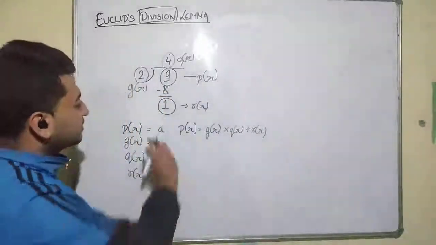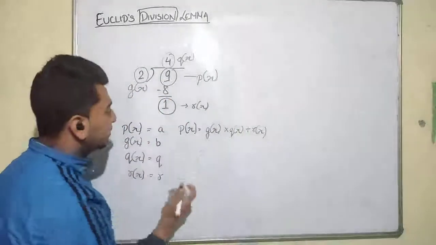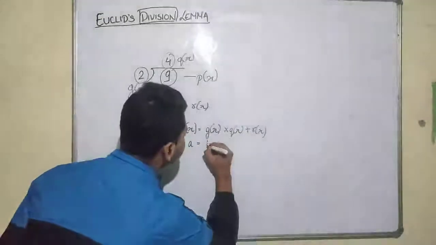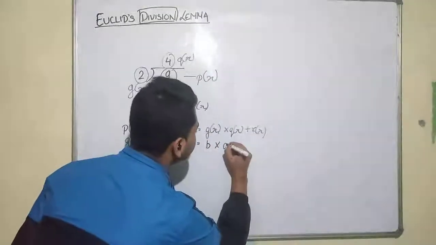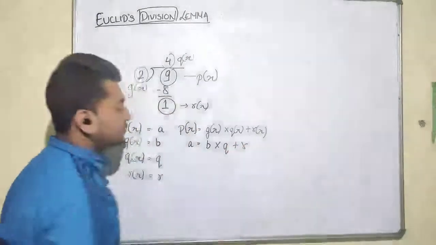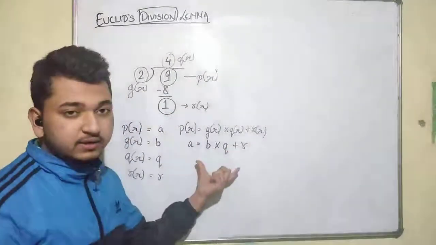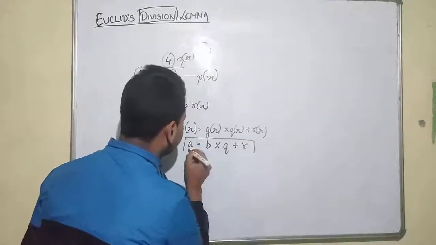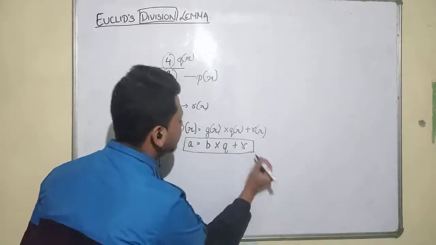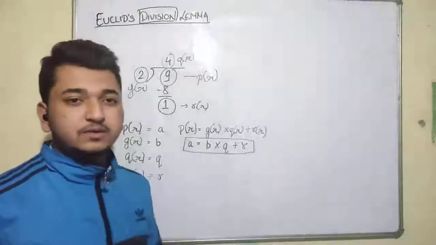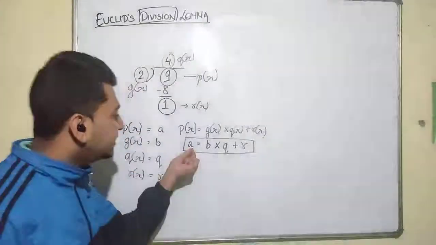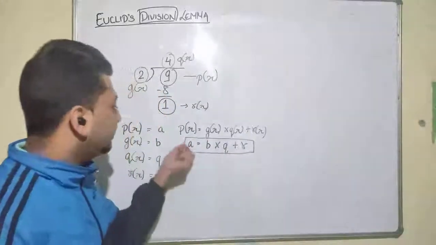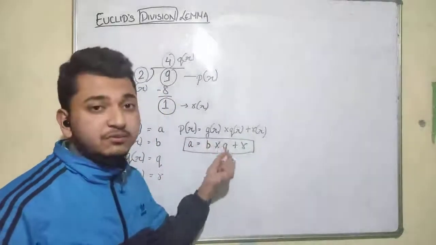Substituting this, a equals b into q plus r. This is our Euclid's division lemma: a equals b into q plus r.